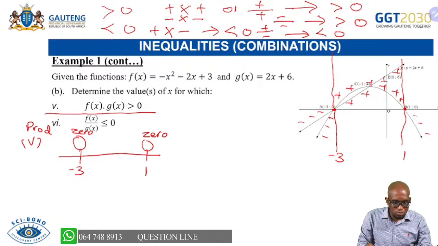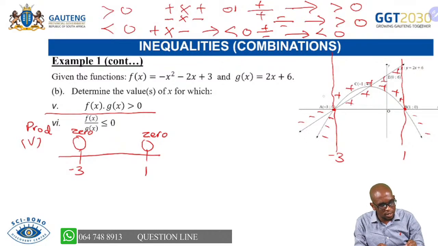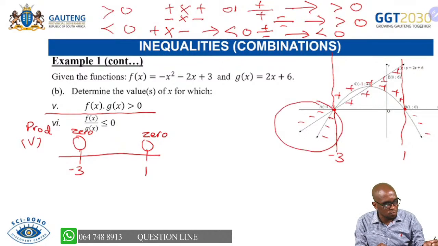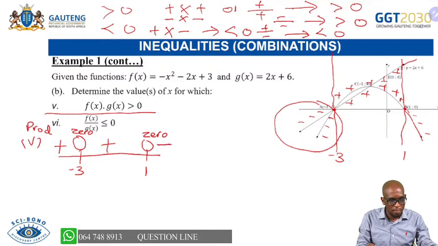So what you want to get now is the combined effect when you combine both the graphs, reading from left to right. When I read from my left-hand side here, you can see that both the signs are negative, which means the combined effect would be positive. When I look at them in between, it's positives all over, so both would be positive. And when I look at the last part, I can see that this one is negative and that one is positive, which means the combined effect would be negative.